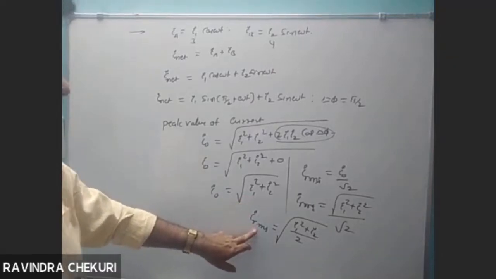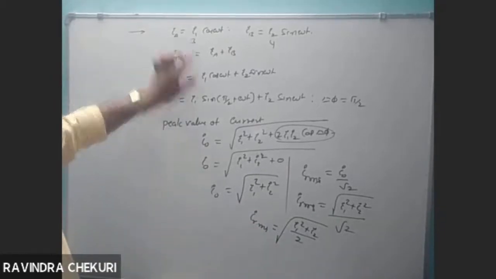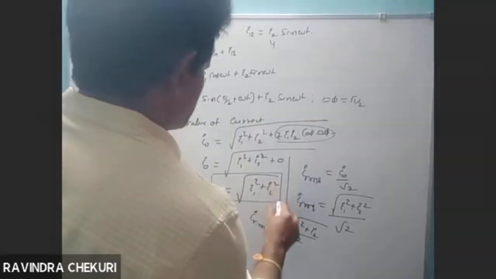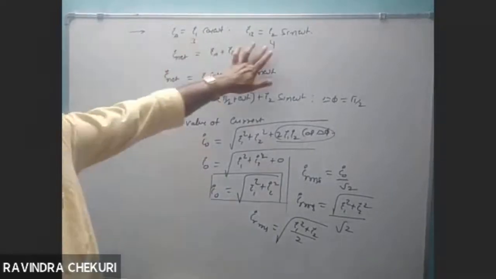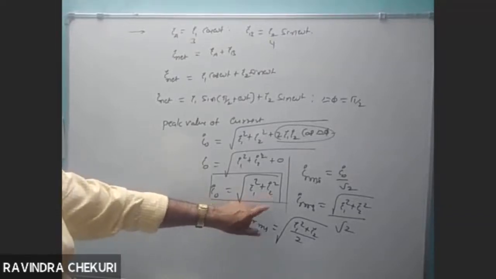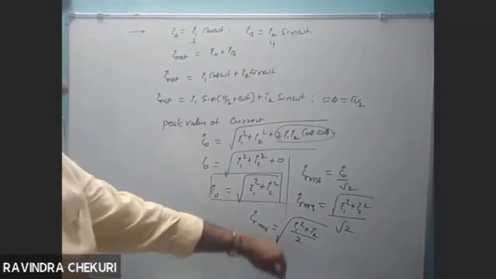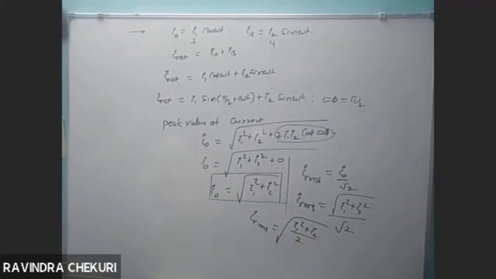RMS value of current is 5 by root 2. From direct substitution next time, if any numerical value is given, peak value, maximum value of current I is equal to square root of I1 square plus I2 square, 3 square plus 4 square, 25, so 5. And the RMS value of current is 5 by root 2.